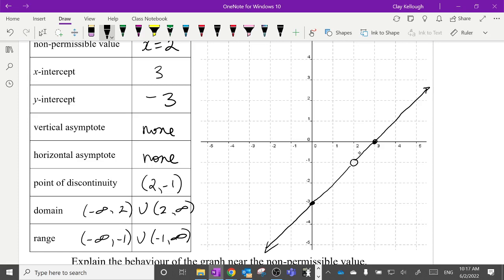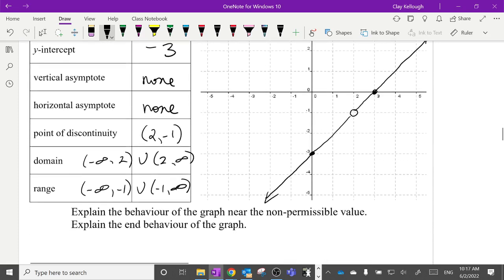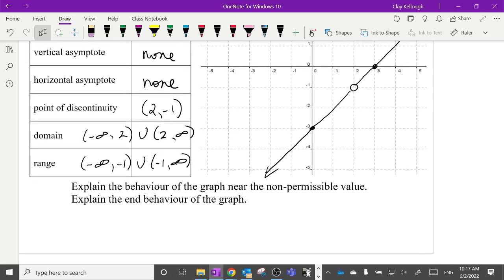All right, explain the end behavior near the non-permissible value. Well, unlike asymptotes, where as you get closer to the asymptote, you either head up to positive infinity or you head down to negative infinity, as you get closer and closer to this hole that doesn't exist, you get closer and closer to the y value of negative 1. So as x approaches 2, y approaches negative 1.